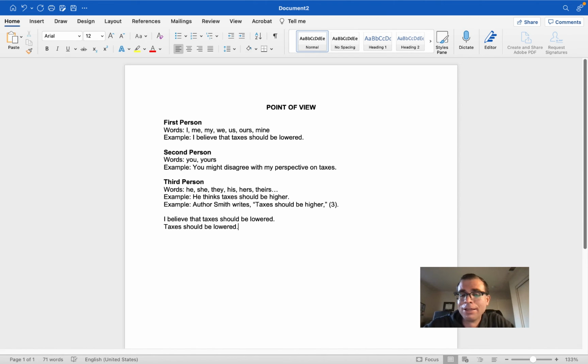However, despite the fact I believe taxes should be lowered, I didn't write it down there. And now the only thing that's left that sentence could be about is taxes and the fact that they should be lowered. Notice how switching from the first to third person perspective can focus what you're writing about.